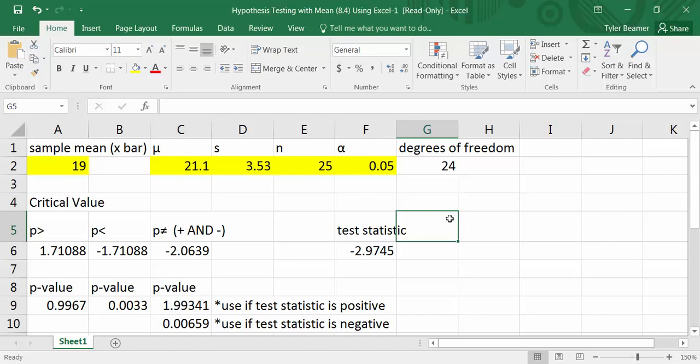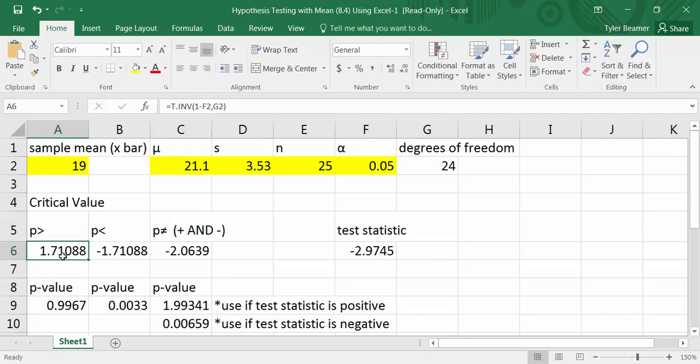And then notice that everything else gets calculated for you. This is degrees of freedom, which is N minus 1. Here are the critical values for each type of test. If the alternative hypothesis is greater than, that's the critical value. That's separating the boundary between what's acceptable and what's not acceptable in regards to accepting or rejecting the null hypothesis based off a significance level.